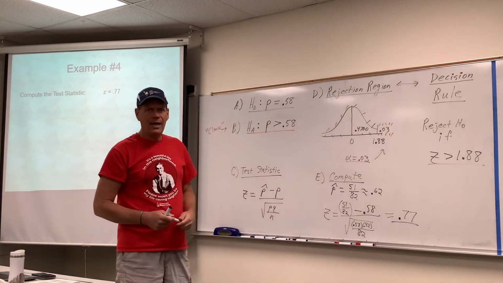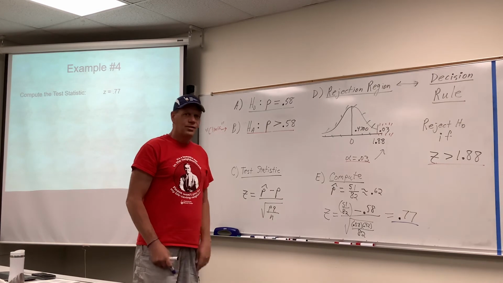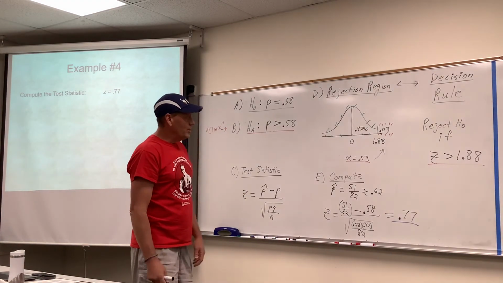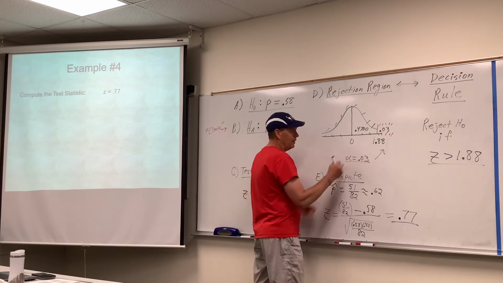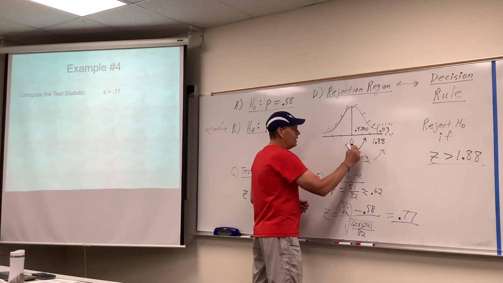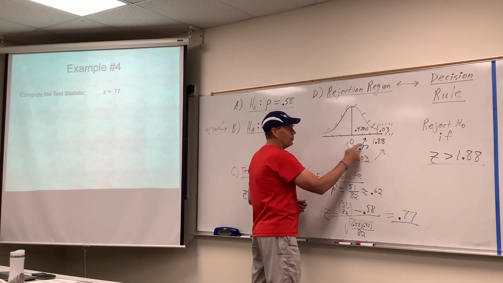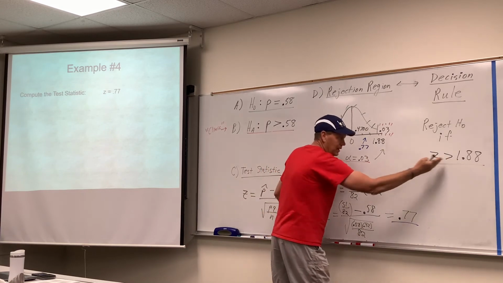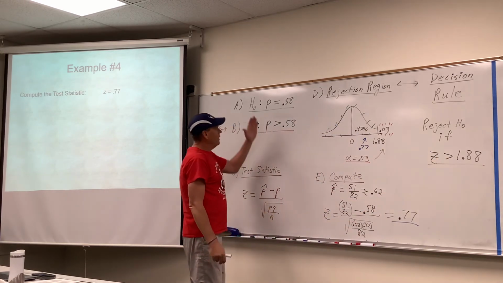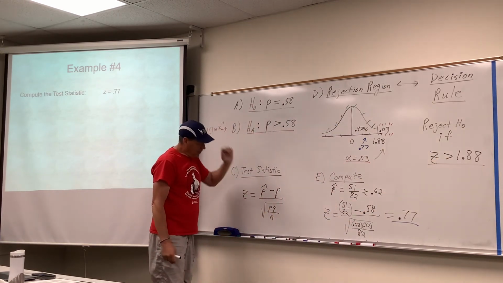Crunching numbers like that, that's the order of operations. That's an assumed skill you brought with you. But the 0.77 on our picture, a fancy way of saying it is it falls shy of the statistical threshold. It's not beyond the 1.88. It is not enough evidence to reject that null hypothesis.